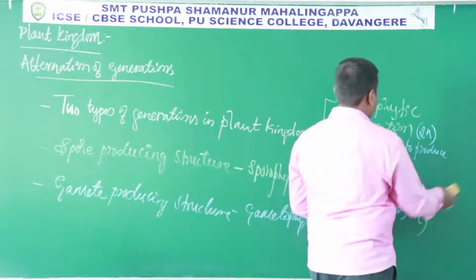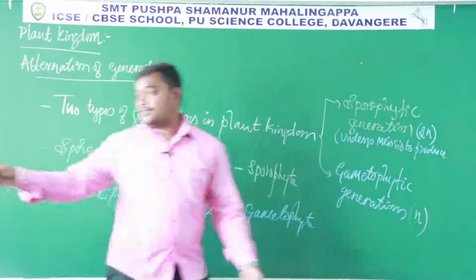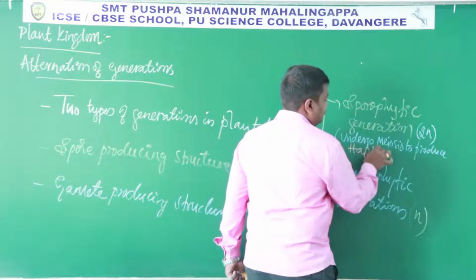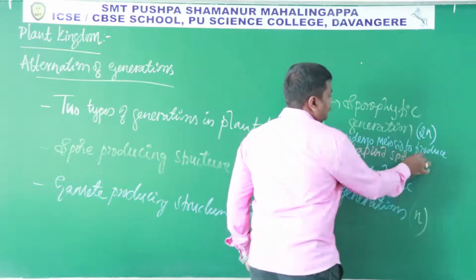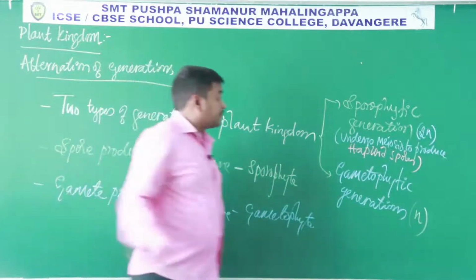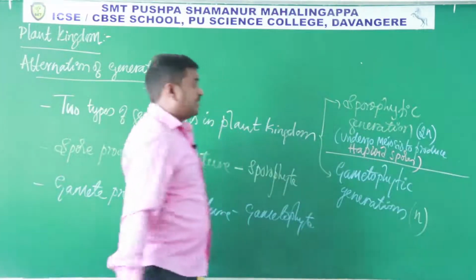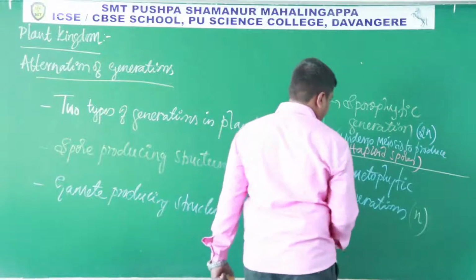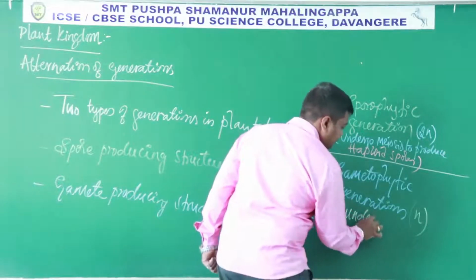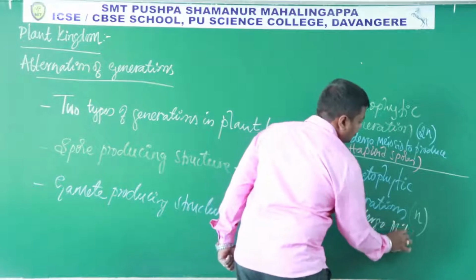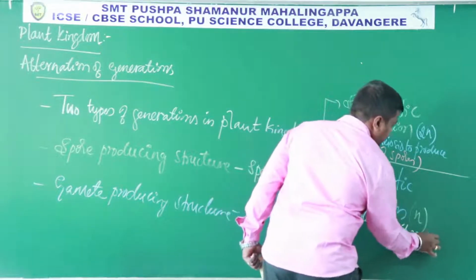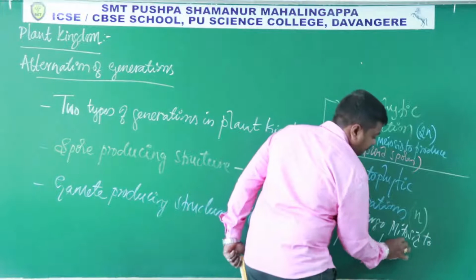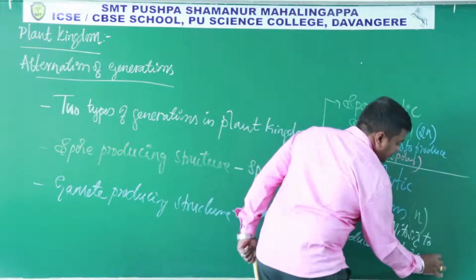Let me write that whole sentence. The sporophytic generation undergoes meiosis to produce haploid spores, whereas the gametophytic generation undergoes mitosis to produce haploid gametes.